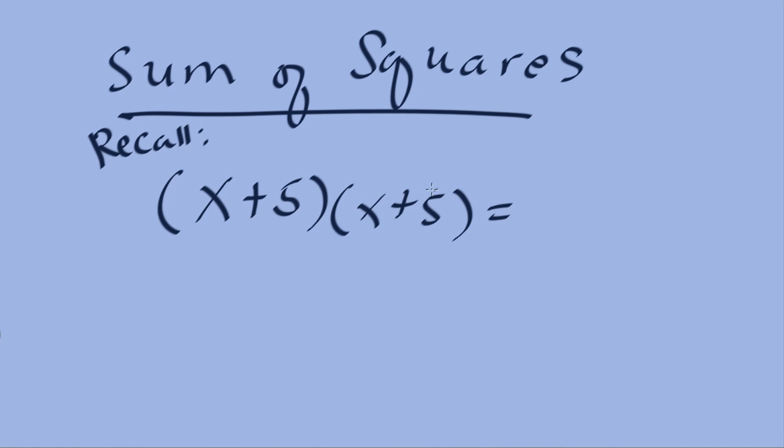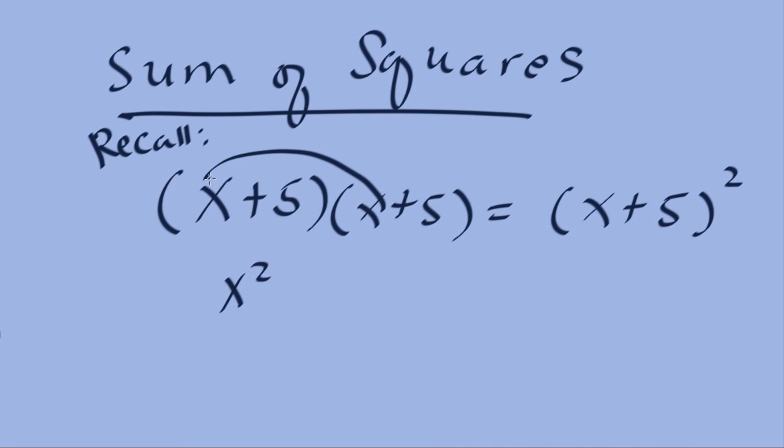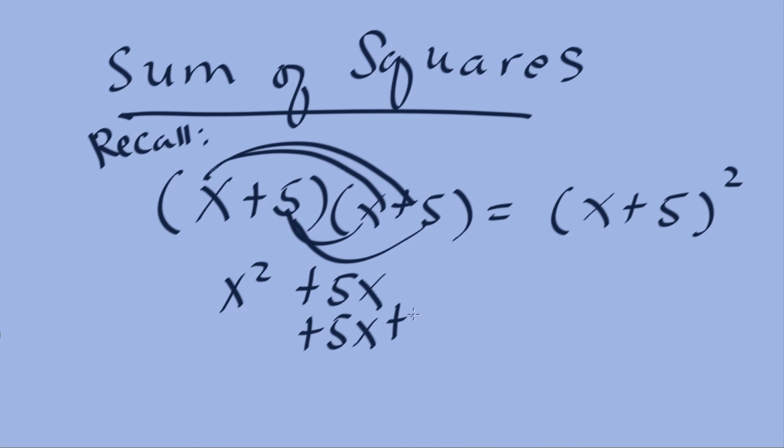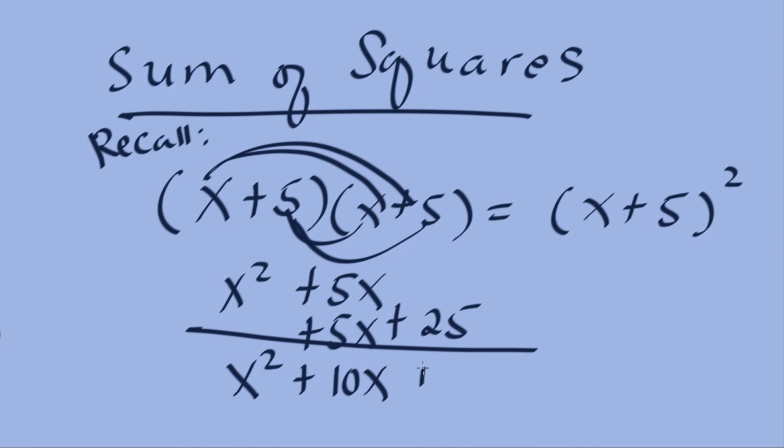Now, x plus 5 times x plus 5 is x plus 5 squared, right? When you multiply this x plus 5 by itself, you're going to get x squared plus 5x, then another 5x, and then 25. So that gives us this trinomial, x squared plus 10x plus 25.